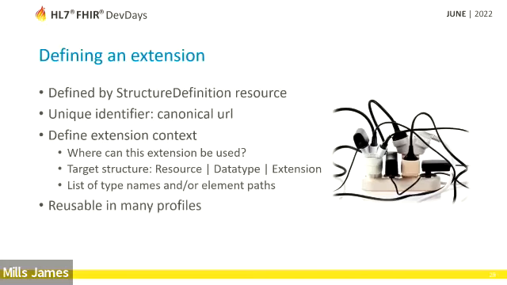And then it could be at the root of that resource, but it could also be on a particular element within that resource. So then you need to specify the entire path to that element to define in which context this extension is valid. And you can have multiple contexts in an extension. And of course, the extension only needs to be defined once, and then it can be reused in many profiles.